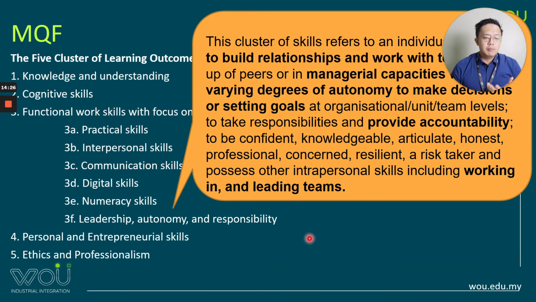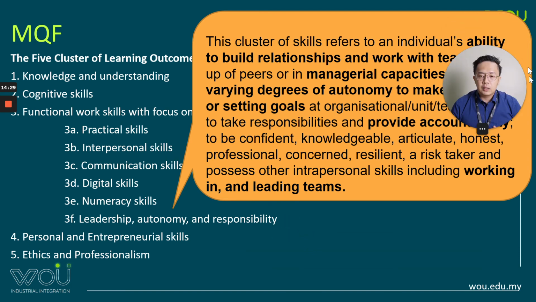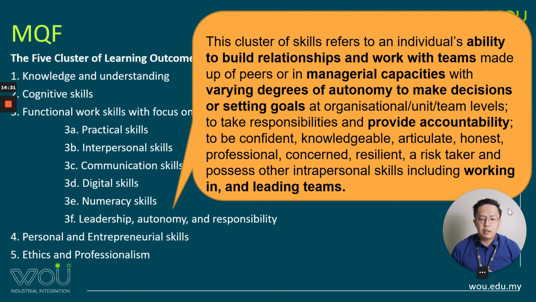Leadership and autonomy. Leadership and autonomy refer to the abilities of individuals to build relationships with team members, lead and make decisions, set goals, and take accountability. These are leadership, autonomy and responsibilities cluster.